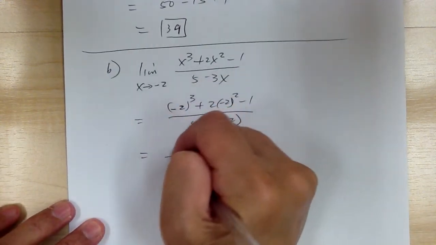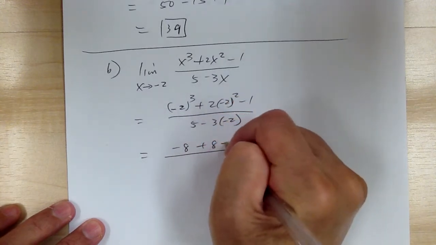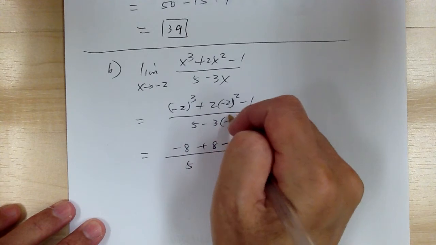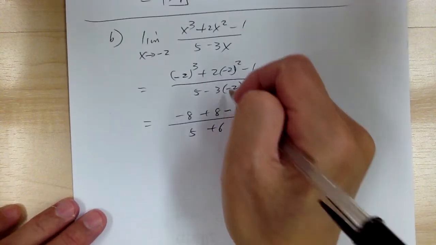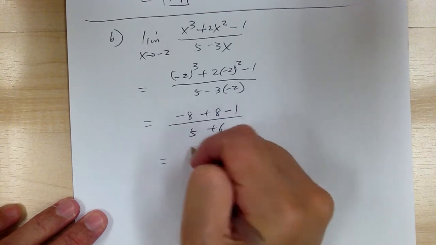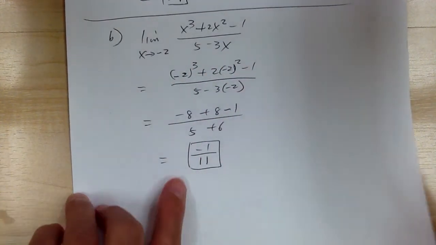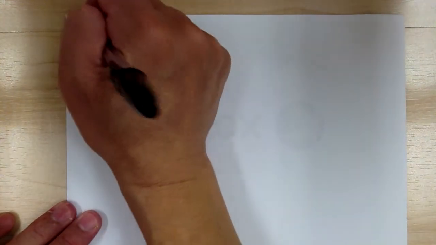Substitute, then you work it out. Negative 8. This one is 4, so plus 8. And then this is 5 when you multiply plus 6, right? So this is equal to negative 1 over 11. Again, if you can substitute directly, then do the direct substitution. So let's go to example 3.